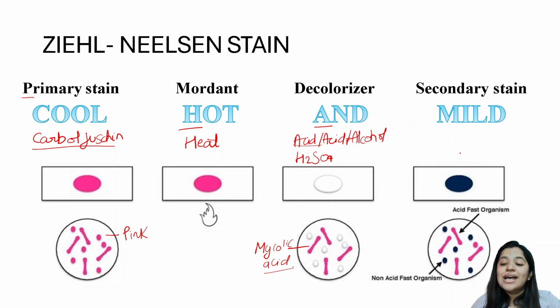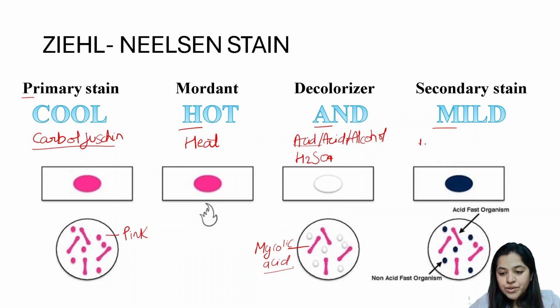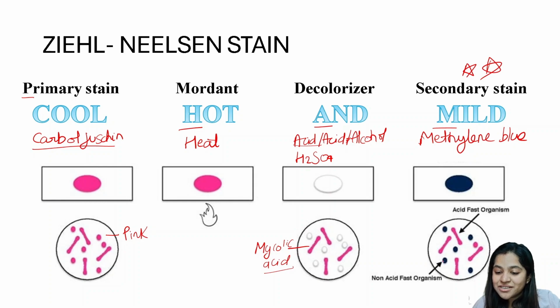Then comes your secondary stain, that is your cool, hot and mild. M for your methylene blue. Now, this is a very important step, a very important question which can come here. Your non-acid fast organism will take up the secondary stain.